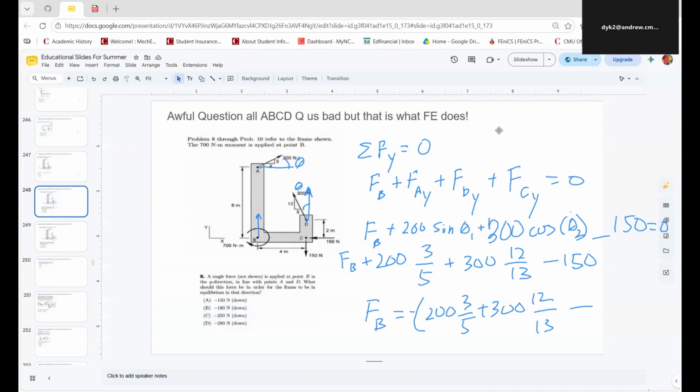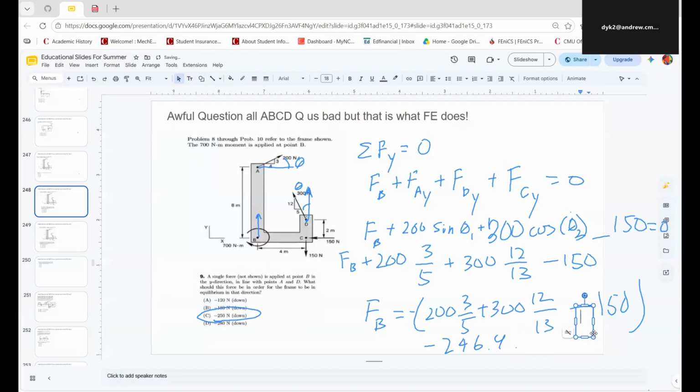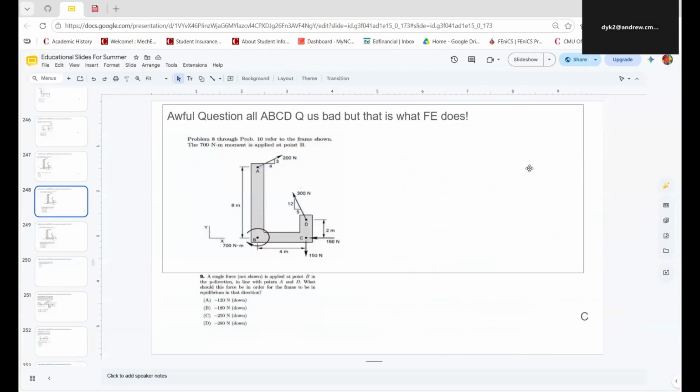Okay, I get a number. I get negative 246.9. I'm assuming it has to be C. I don't like how it's not exact, but sometimes these questions are not exact, and you have to accept it. They round to the second digit, and it's just what it is. It's not really your fault.